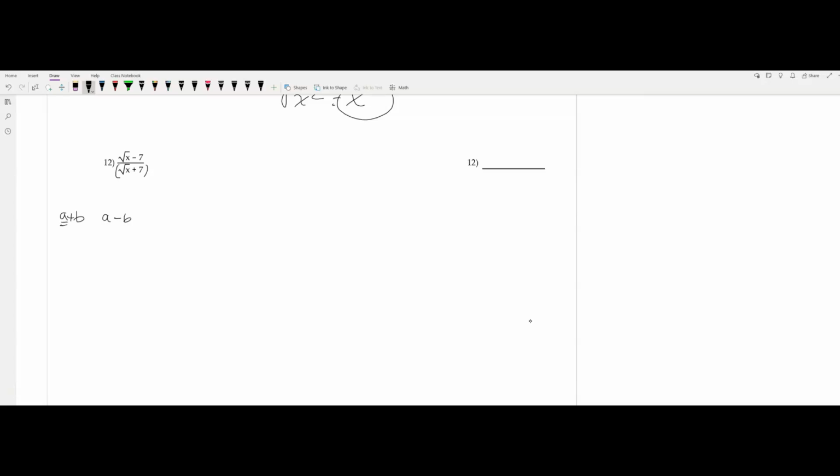You basically have the same terms, but one of the binomials is an addition and the other one is a subtraction, or a difference. A sum and then a difference.